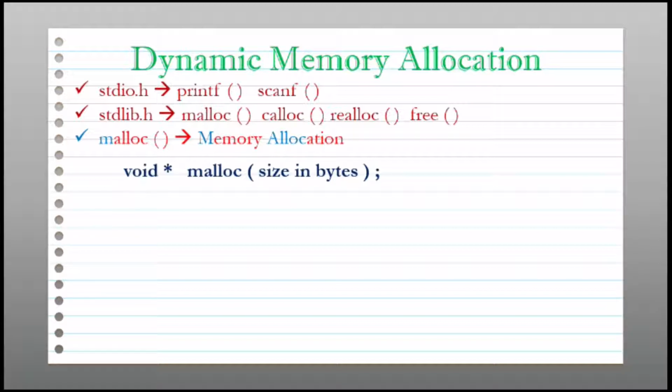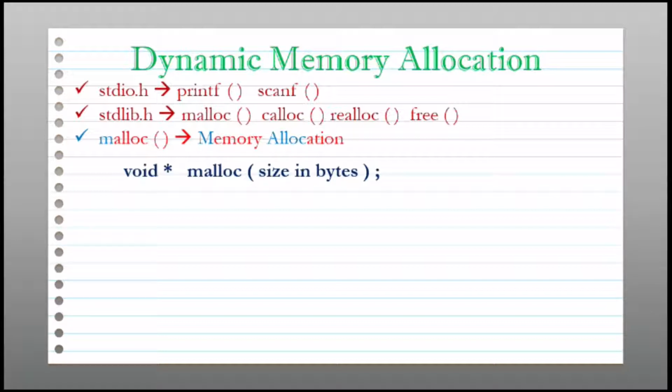Here size means how many bytes of block we want to allocate in memory. Malloc is the name of the function and the return type is void pointer, which returns the address of the first byte of the block.